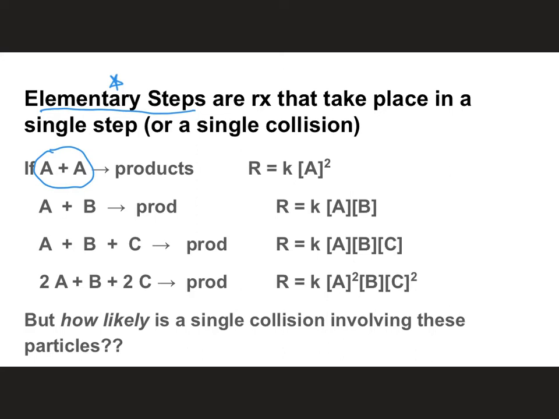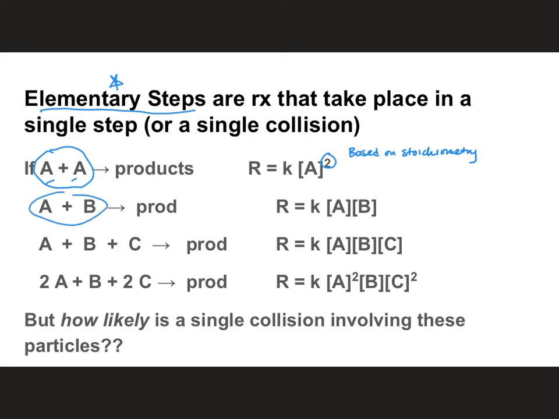In that case, we can actually write the rate law simply based on the stoichiometry of the reactants. So since there are two A's, the A is squared in the rate law.